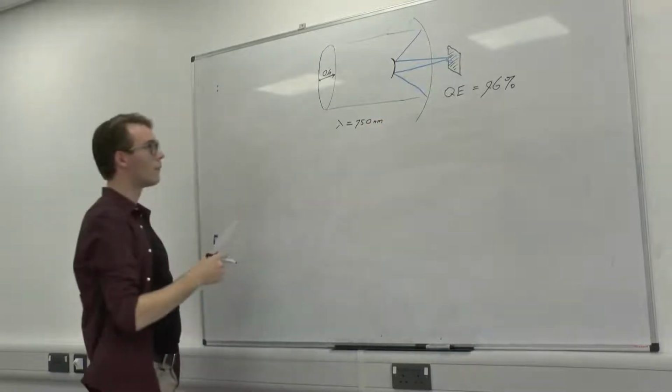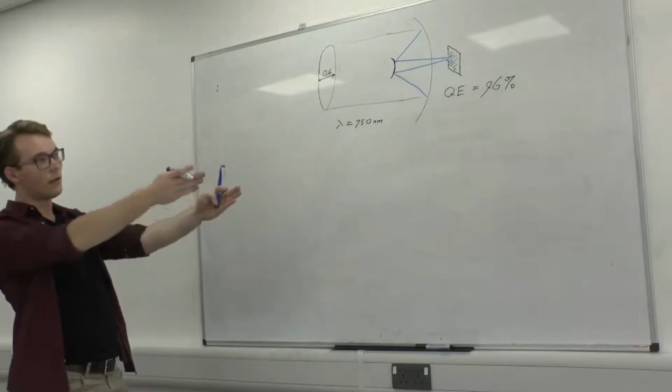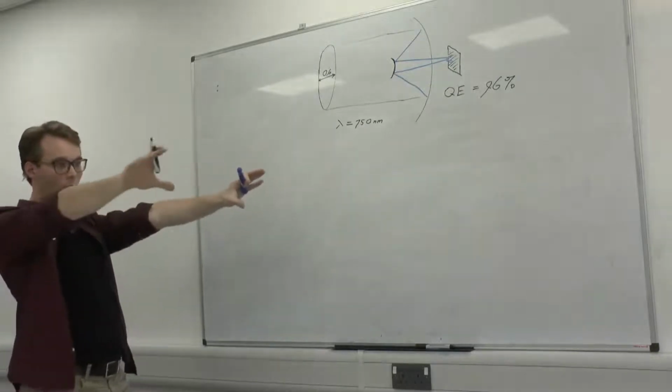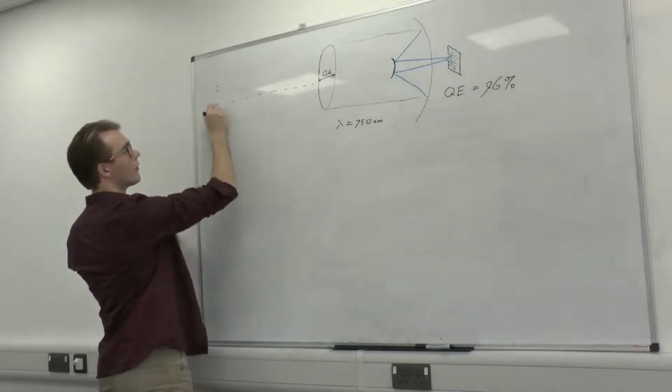The question is, what is the angle at which this telescope can still resolve two different signals? So if there is a star over there and a star over there, there's a certain angle between those two stars. Let me draw that over here.